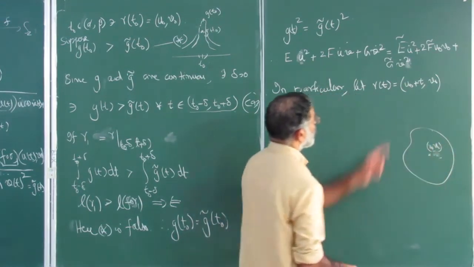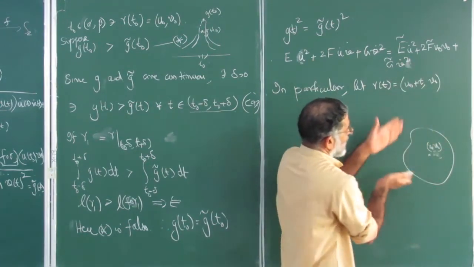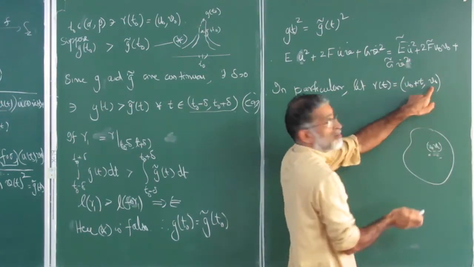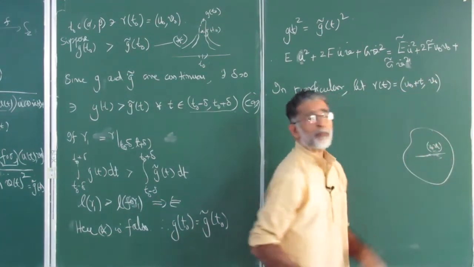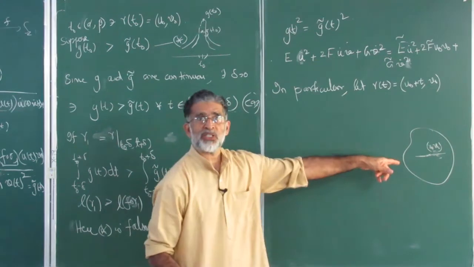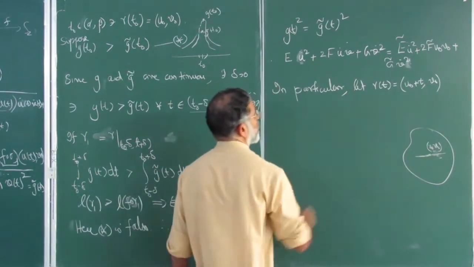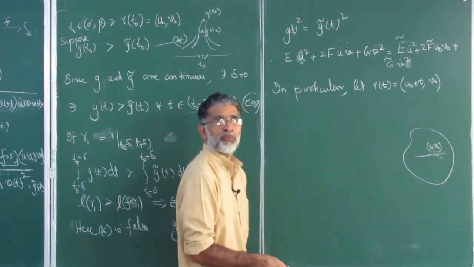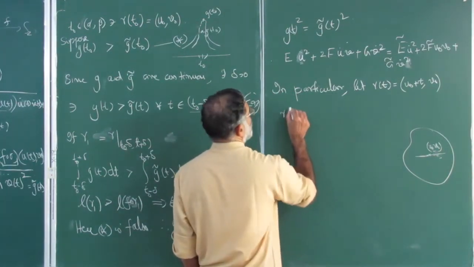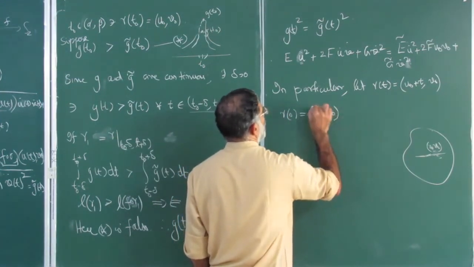So what is the curve? u0 + t, so on the x-axis you vary, on the y-axis you fix. So this curve, the line parallel to the x-axis, its equation is (u0 + t, v0), passing through (u0, v0). Of course, you can take γ(0). Here t0 is going to be 0. So γ(0) is equal to (u0, v0), so it passes through (u0, v0).